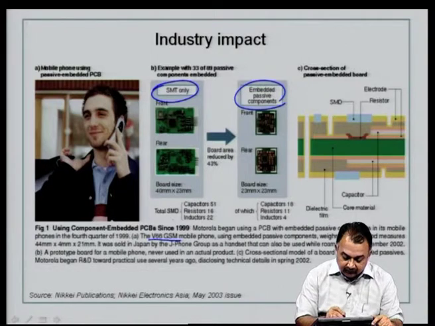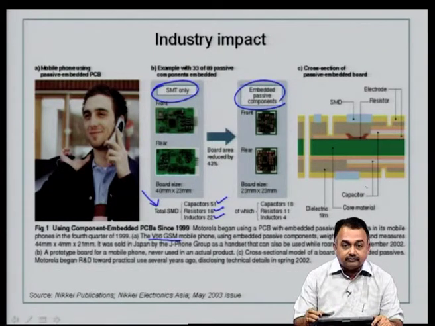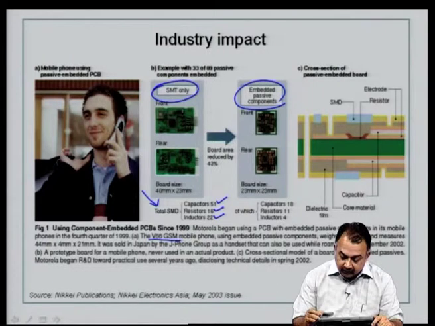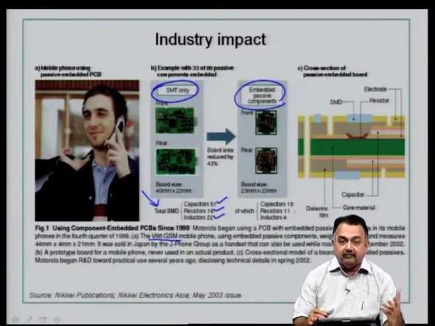Now, as far as the literature information is available, the total SMD components in that particular design were, let us say, capacitors 51, resistors 16, inductors 22. Then of which 18 capacitors, 11 resistors and 4 inductors were converted into embedded devices.